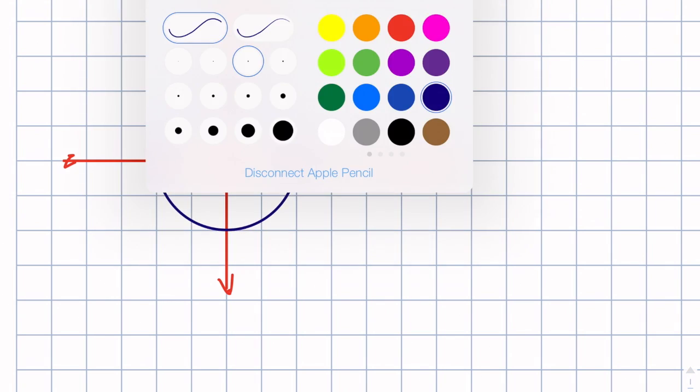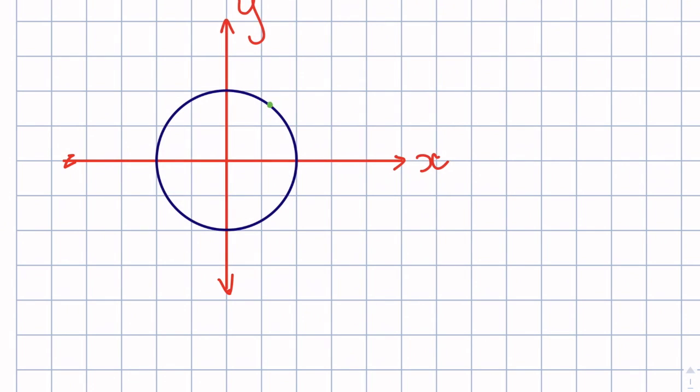Let's say that I've got a generic point on this circle and I'm going to call it point A. Point A has coordinates x, comma, y. Like it's gone across x and we've gone up y. Let's draw a line out from the center, so from the origin to there.